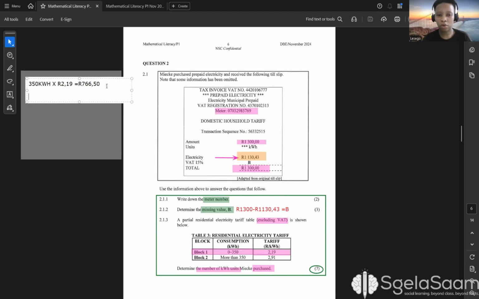Since the amount that was paid was 1,130.43, we need to find the difference here. So it'll be 1,130.43 minus 766.50. Let me check if it's correct. Yes, 766.50.